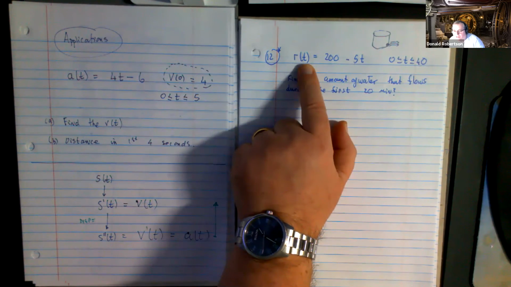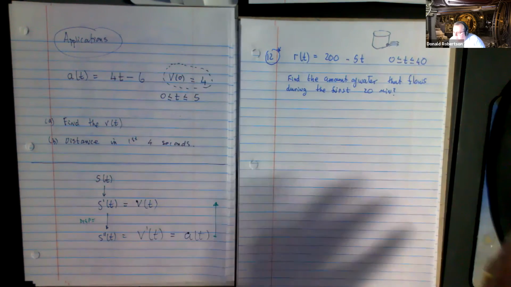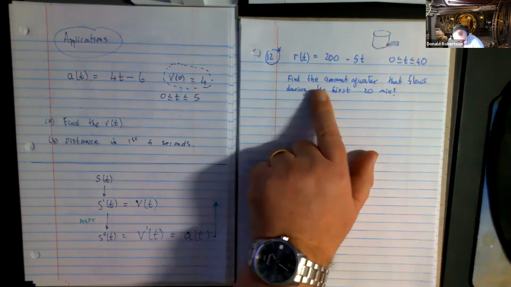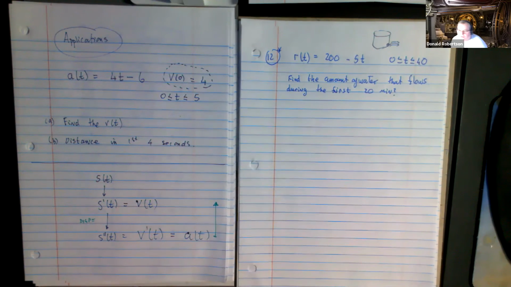So at the 10-second mark, it's leaking out at a rate of 150, right? And so on and so forth. And then it says, find the amount of water that flows during the first 20 minutes.